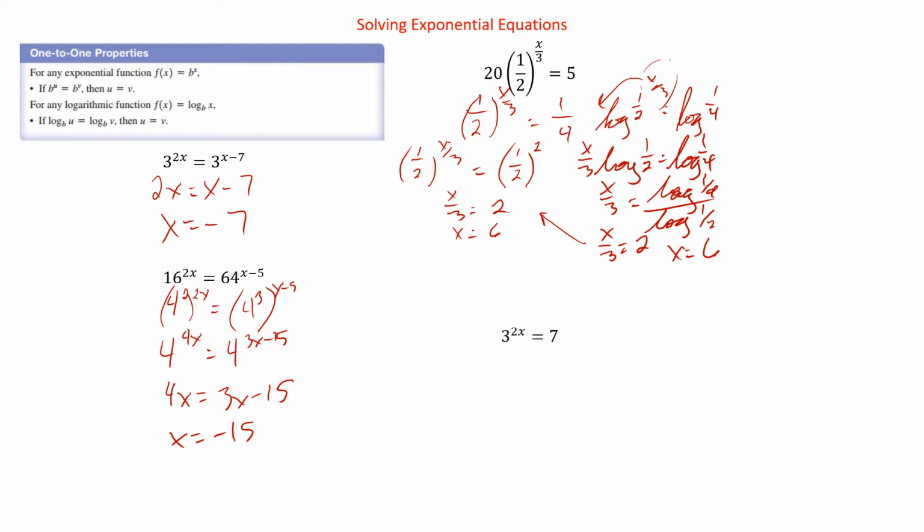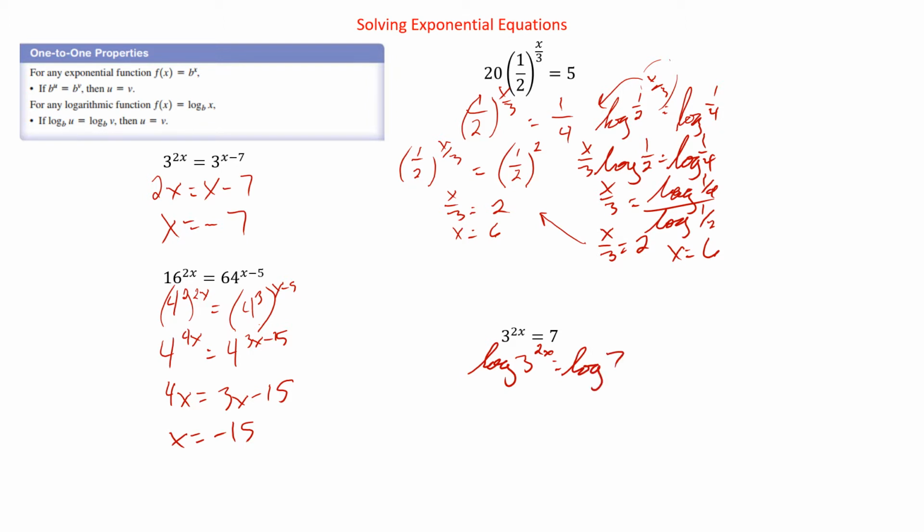Sometimes, for instance, if we have 3 to the 2x equals 7, we're not going to write those using the same base because they don't have anything in common. So now we have to take the log of both sides. Log of 3 to the 2x equals log 7.